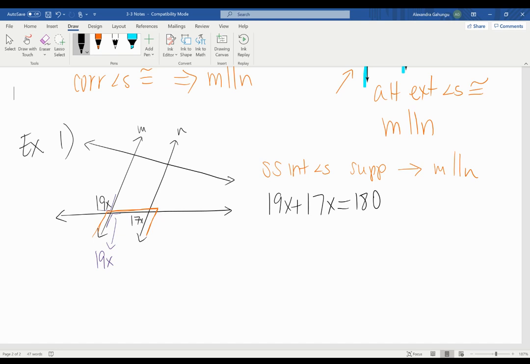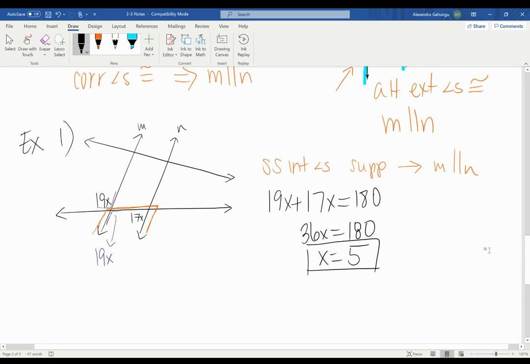So I'll find that, and then I'll actually be able to find x, and I will get 5 as my value that I'm looking for. So 5 is the x value that will make our same side interior angles supplementary, which means our lines will be parallel.